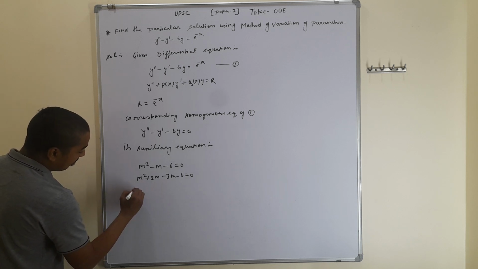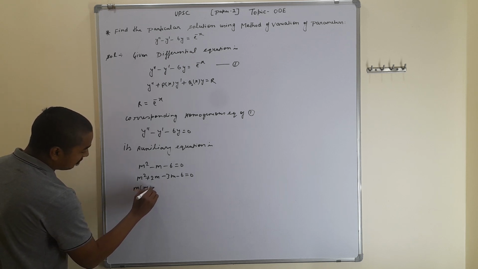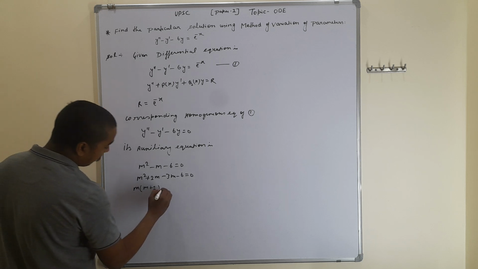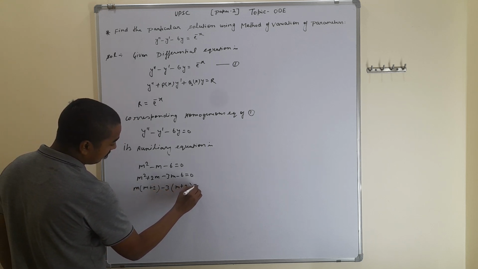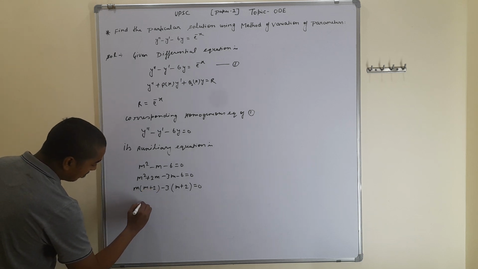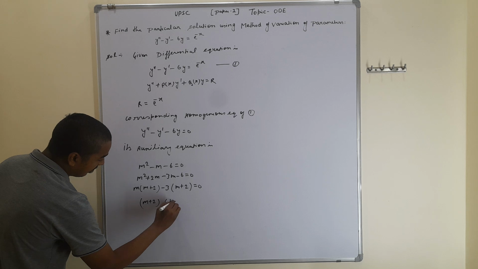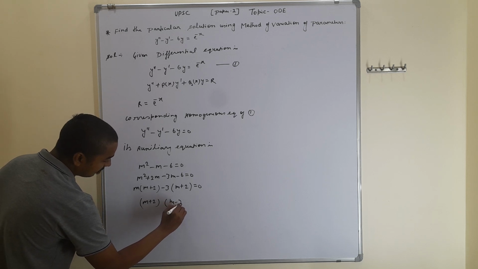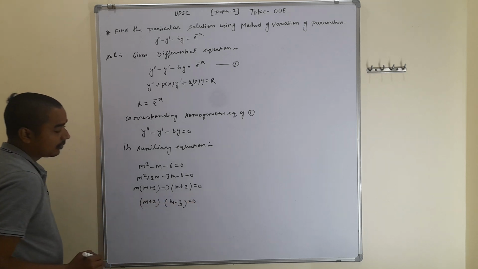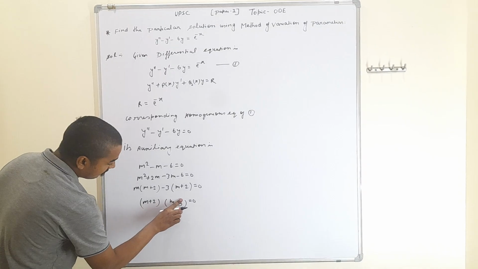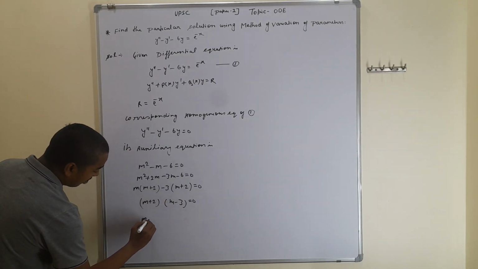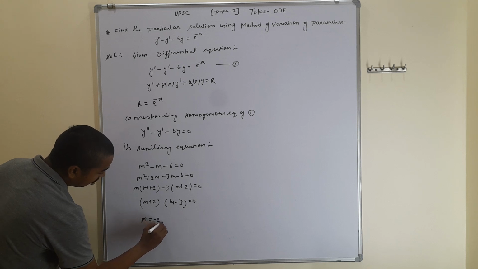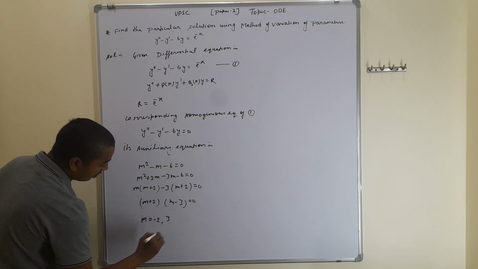From here taking m common, that is m plus 2, and from here minus 3 is common, that is m plus 2 is equal to 0, and from here that is m plus 2 and m minus 3 is equal to 0. We get the value of m is equal to minus 2 and 3.